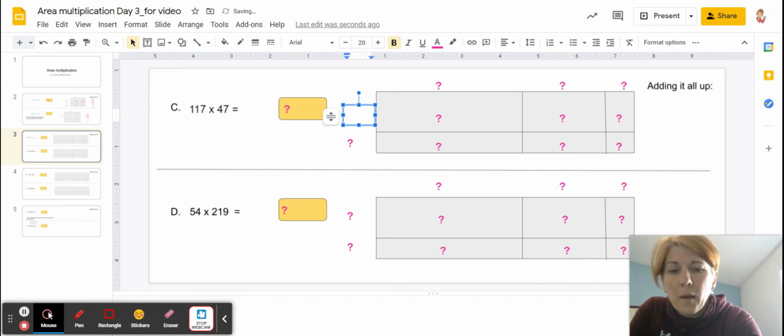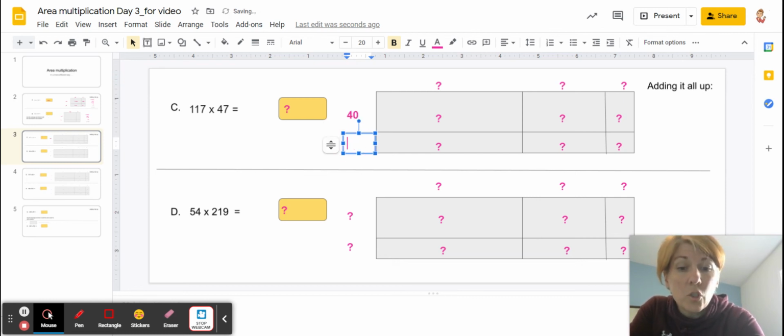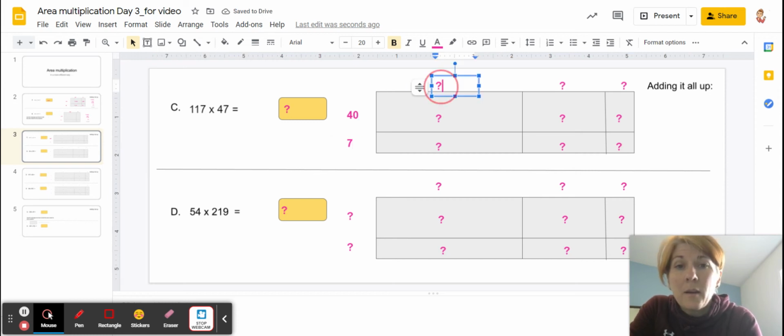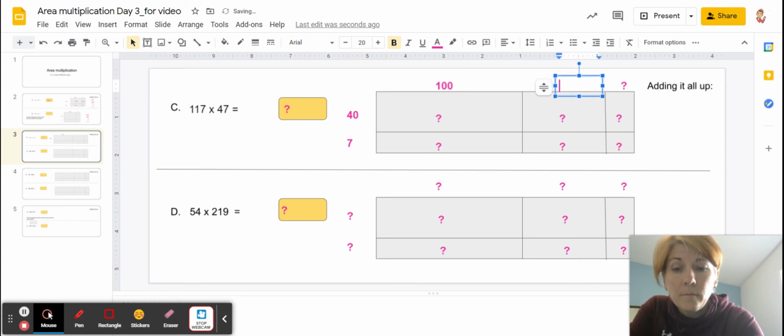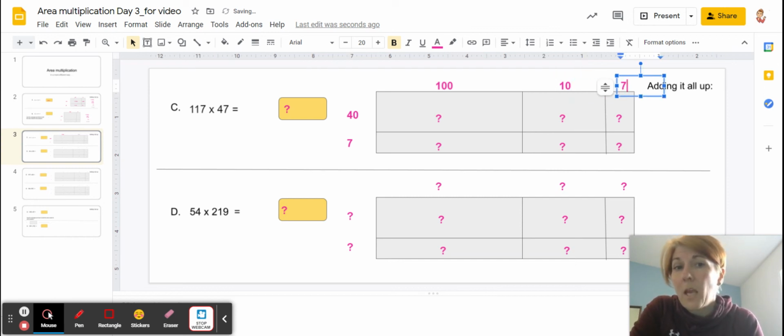So I'm going to put my 47 along the side here because there's 2 spaces. Whereas on the top, I have my 3, so I'm going to split that into 100, 10, and 7.